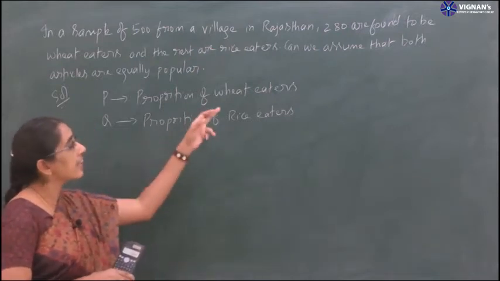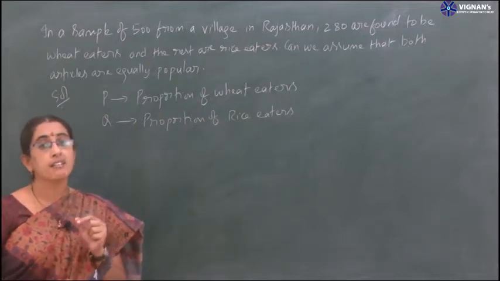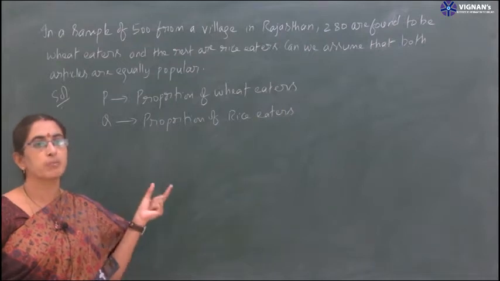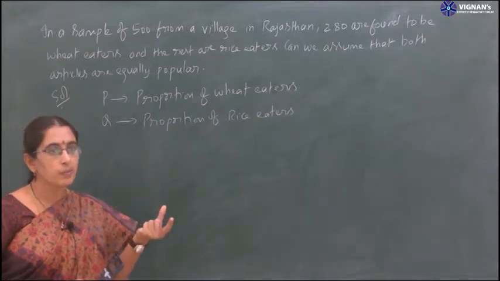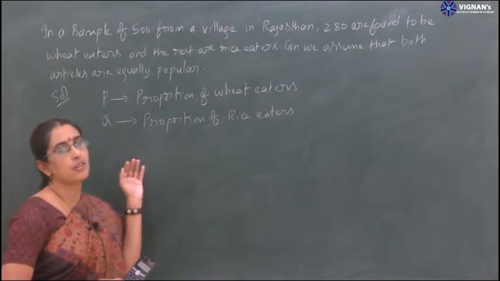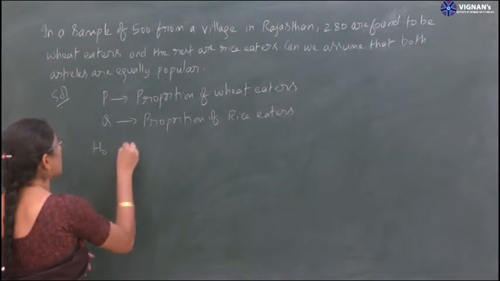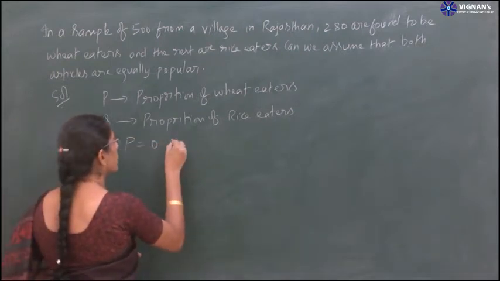So like that, can we assume that both articles are equally popular? Nothing is mentioned about the population proportion here. Both are equally popular, means capital P is 0.5 and capital Q is also 0.5. So for H naught, we just have to test capital P equal to 0.5.